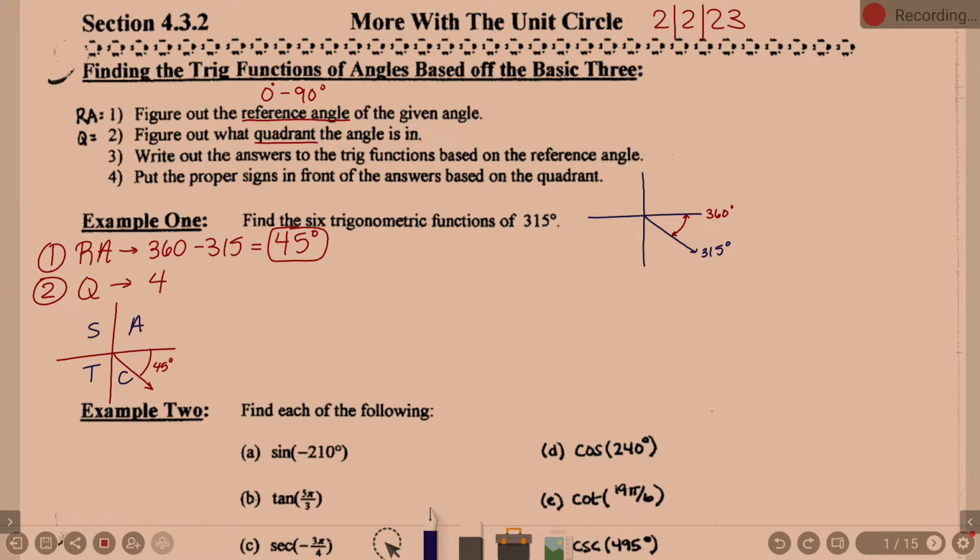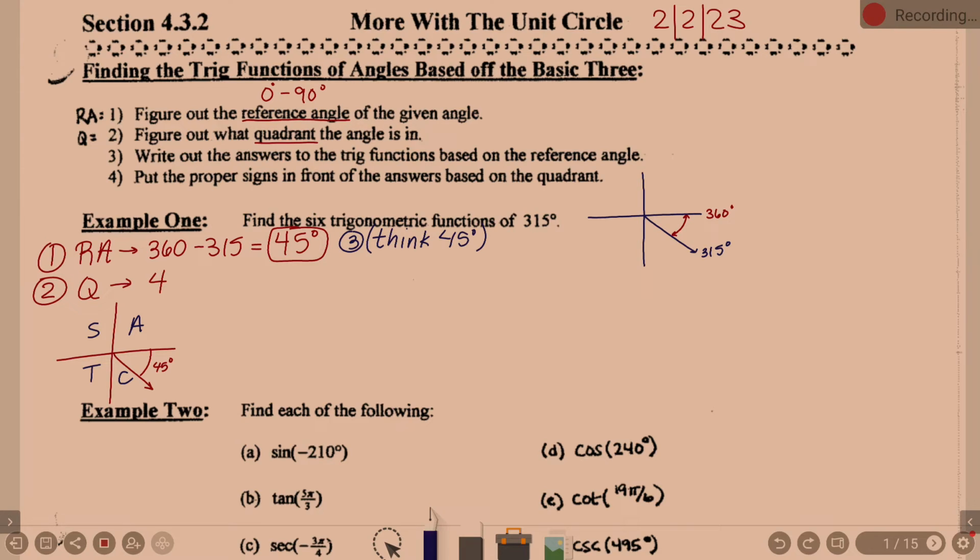Now, it asked me for 6 trig functions, yes? So step 3 says to write the answers to the trig functions based on the reference angle. So here's what I'm going to do. When we do step 3, we're going to think 45 degrees. We're going to write these out, and I'm going to say 315.